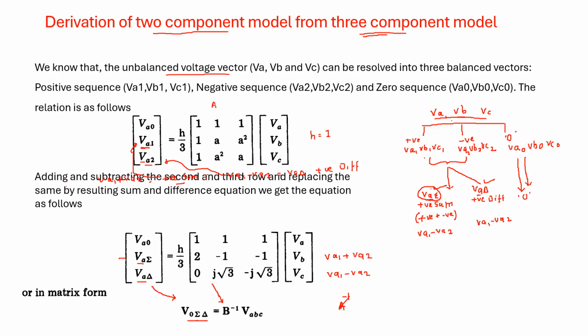This is the A inverse matrix that we took in our three component method, but now the symbol used is B. It is the B inverse matrix, and this is VABC, the unbalanced vector. So this is called the two component model.